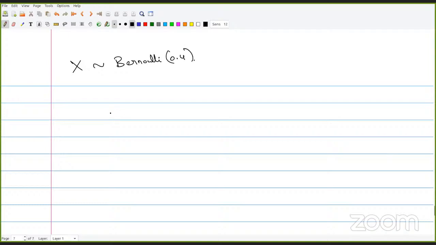So x follows Bernoulli 0.4, so x takes either 0 or 1, 0 with probability 0.6 and 1 with probability 0.4. So the expected value of x will be 0.4. So I will subtract it.